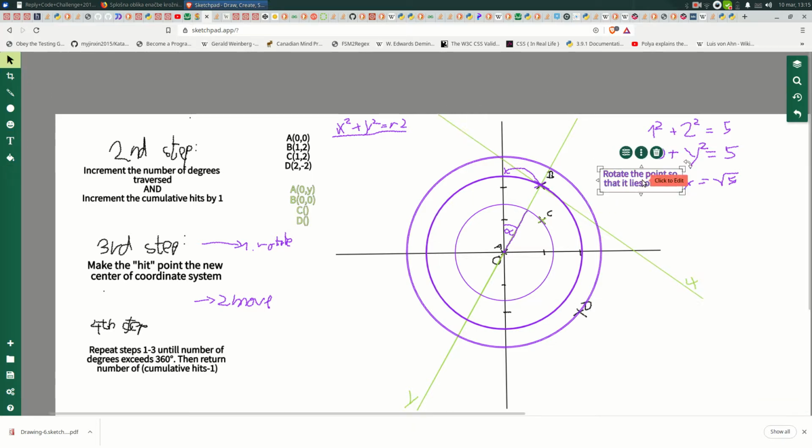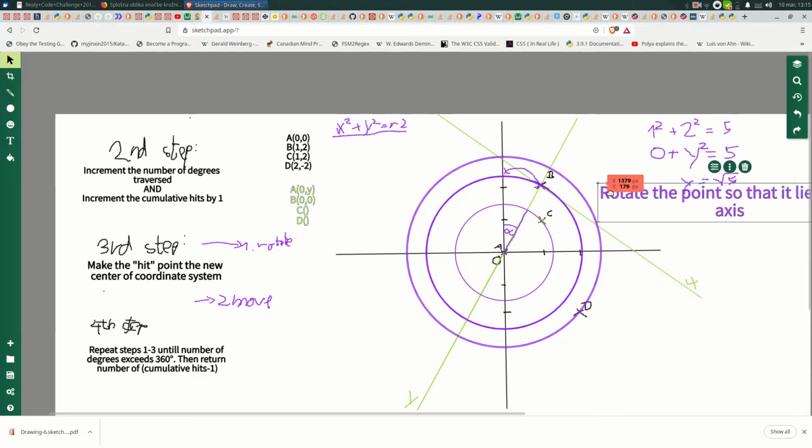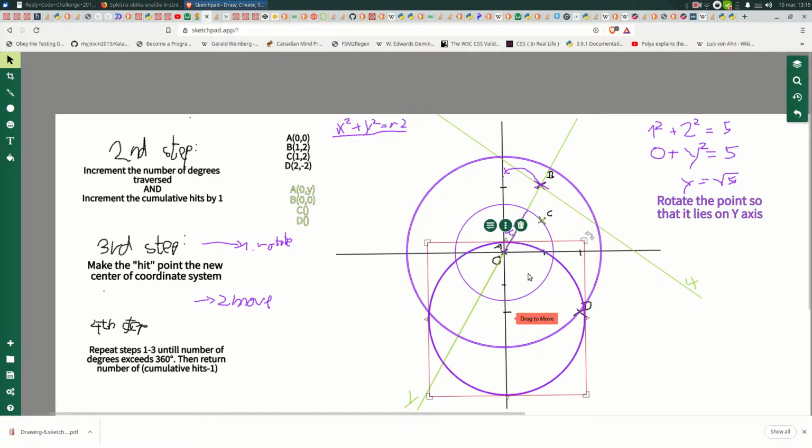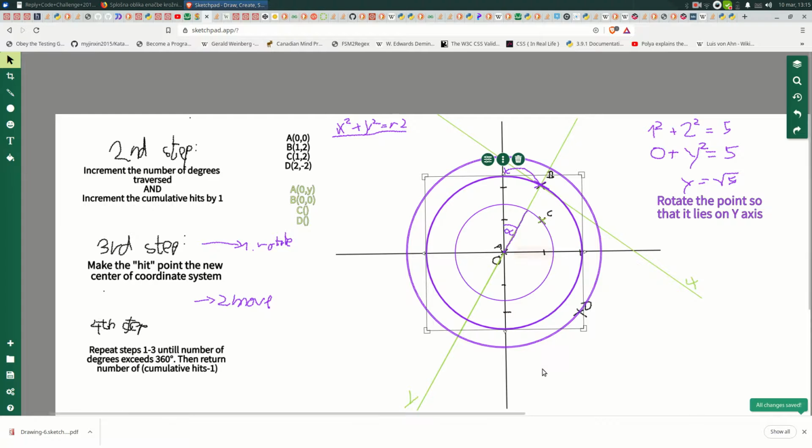What did I move? I guess nothing. Okay. Rotate the point so that it lies on the y-axis, and then we just move it down. We just then move it down for the value of y, so that we say make.